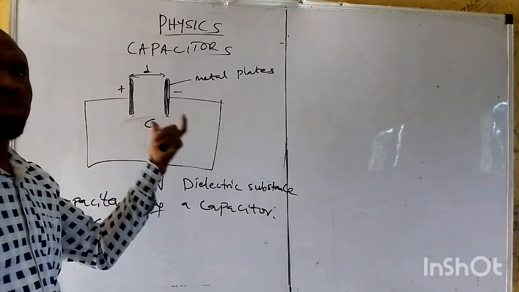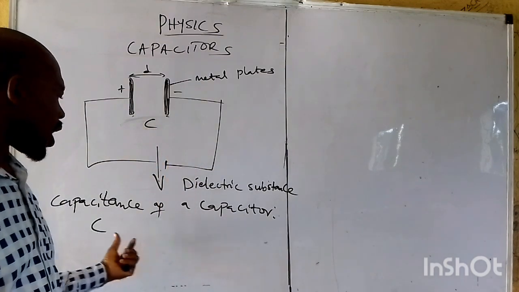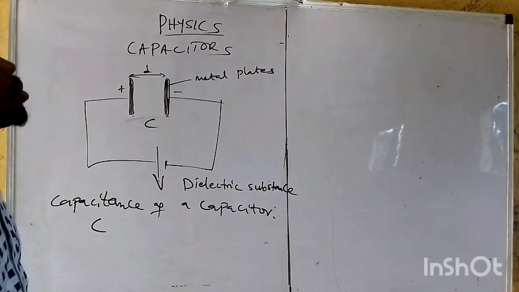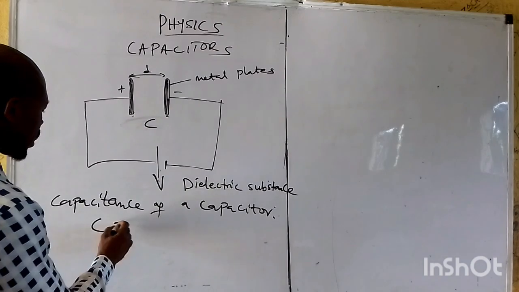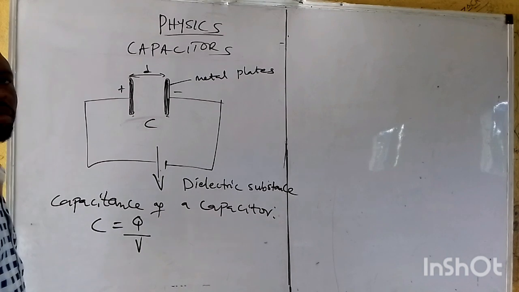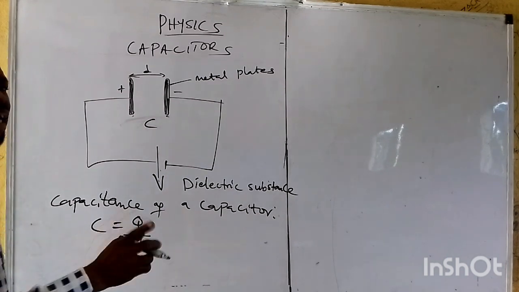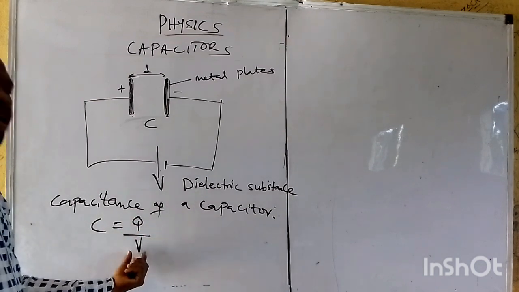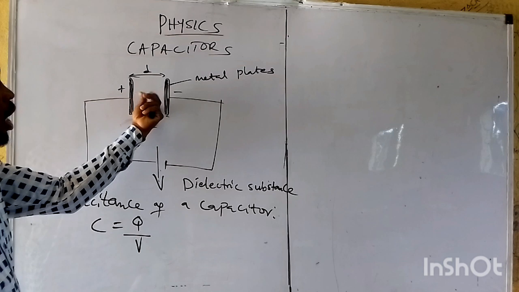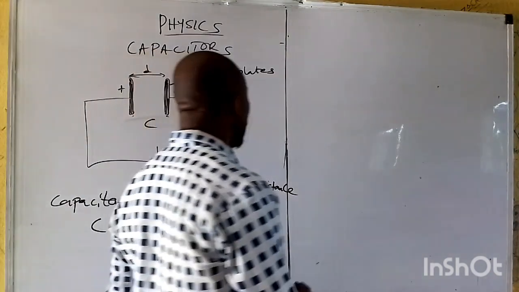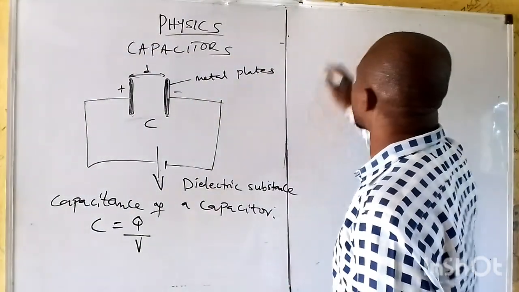It can also be expressed as the ratio of charge to potential difference. So capacitance of a capacitor is the ratio of charge to the potential difference between the plates.